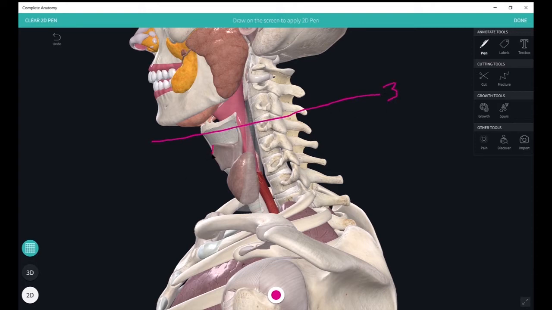The V-notch of the thyroid cartilage, and these are all palpable, you can palpate them on yourself, is going to orient to C4. The smooth surface of the thyroid cartilage itself is then going to align with C5, and then further distally, it sits right about here as a smaller, harder structure, the cricoid cartilage, and that is going to orient to the spinous process of C6.